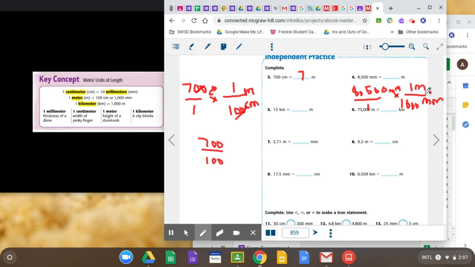So first thing I would do is I would cross cancel 0. There's 2 zeros here, so we can cancel 2 zeros out here because it's a division problem. So those cancel this out.